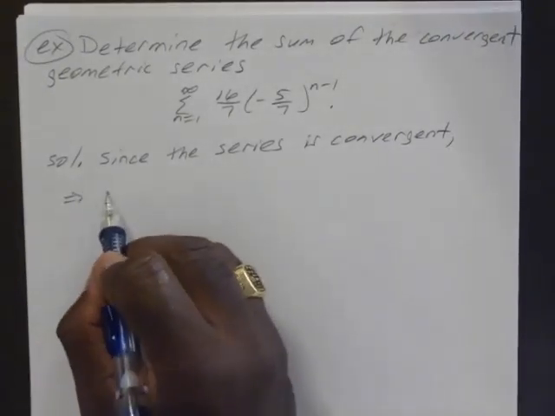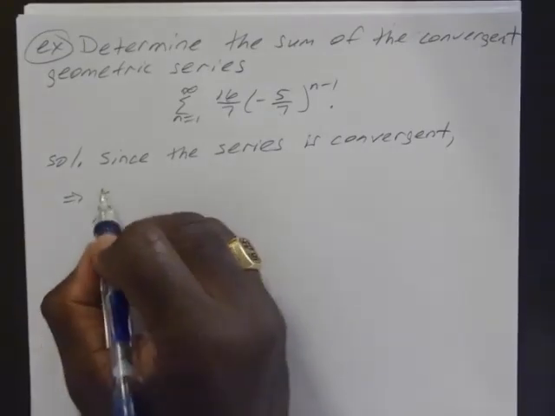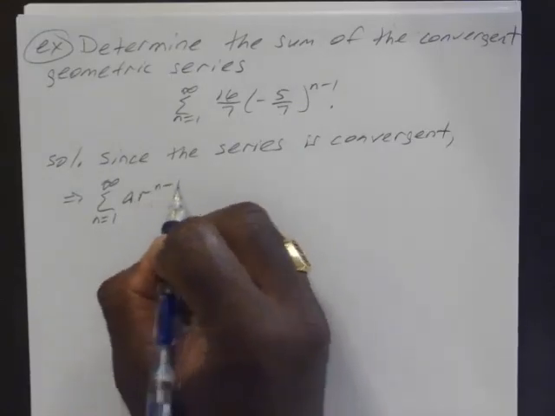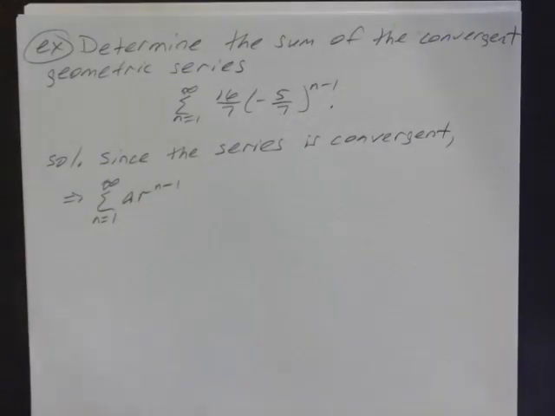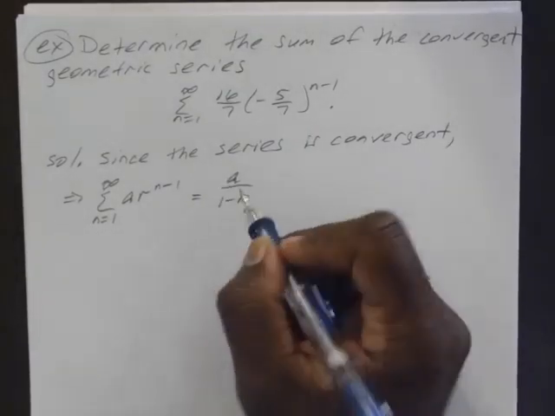then we know that for the sum from n equals 1 to infinity of a times r to the power of n minus 1, that equals a over 1 minus r.